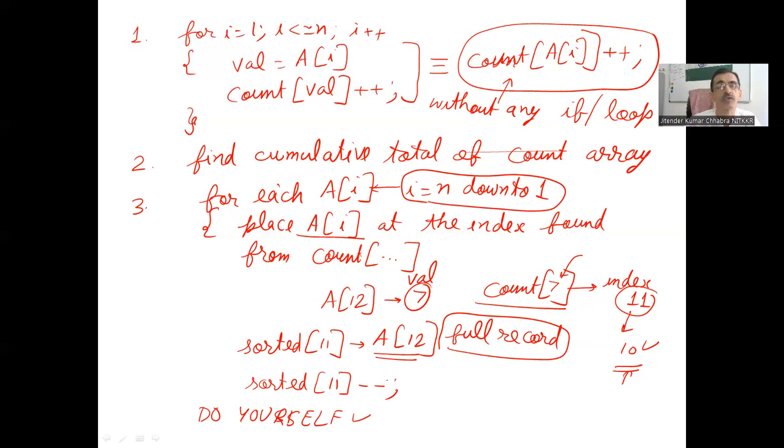You have to write the code for this. Any doubts are welcome. If you have no doubts, I will resume with the second algorithm, which doesn't take much time and is just an extension of counting sort, radix sort.